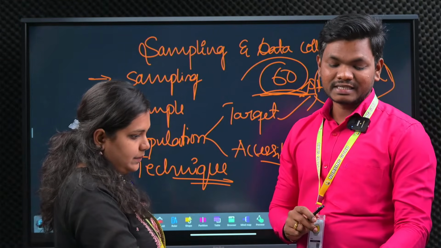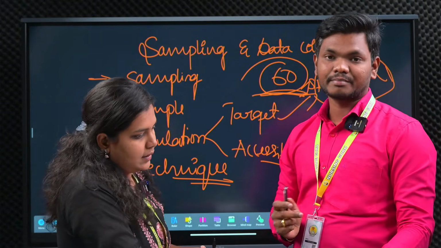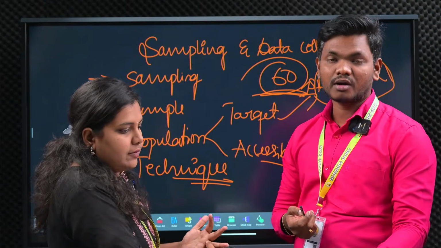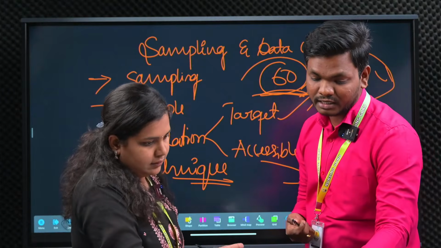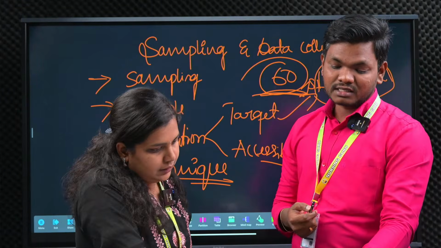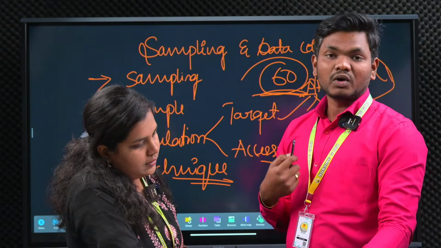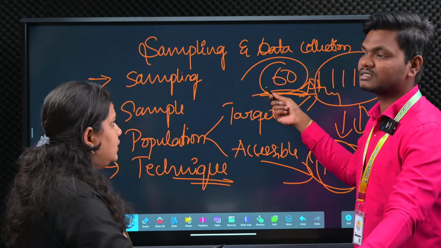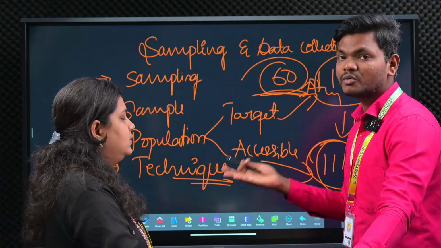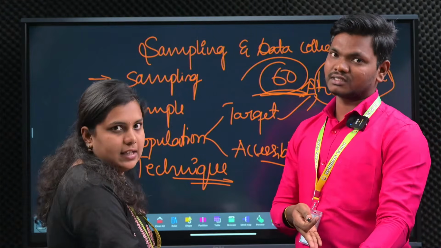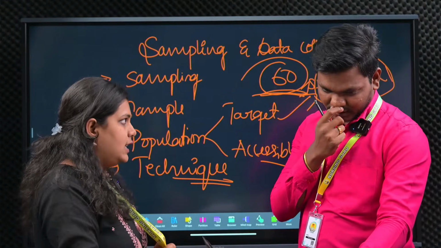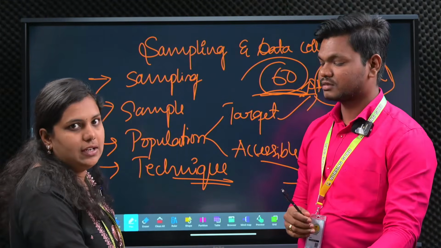Next topic: probability sampling technique and non-probability sampling technique. Probability sampling gives an equal chance to everyone. For example, in a class of 60, all 60 people may be involved in the study. Everybody has an equal chance to be involved in my study.